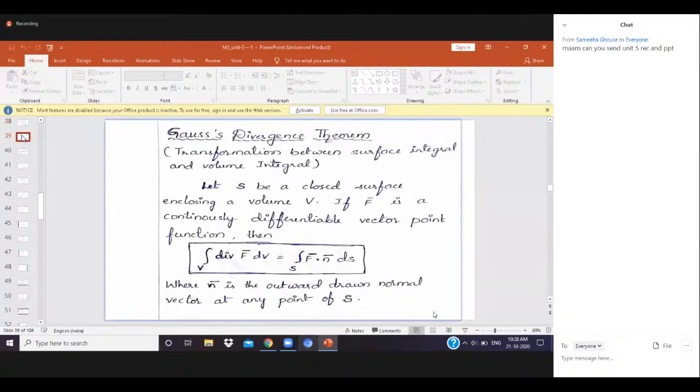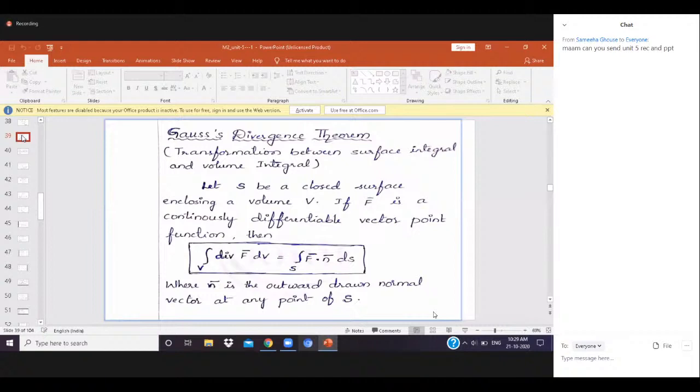So next, with this we completed half of unit 5, that is line integral, surface integral, volume integral. In this, mostly the important ones are the line integral and surface integral. Most of the problems for exam purposes are in these. In line integrals, work done problems are very important.